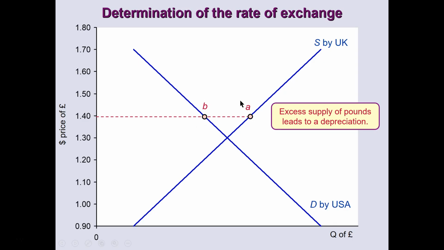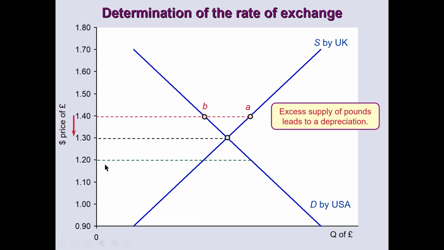And this excess supply of pounds will lead to a depreciation, in other words, a decline in the value of the pound. And this depreciation will take place until equilibrium will be established at this point where value of the pound is equal to $1.3. In other words, where demand for pounds by Americans is just equal to available supply by British residents. So this is the blue dot where exchange rate is equal to $1.3 per each pound.